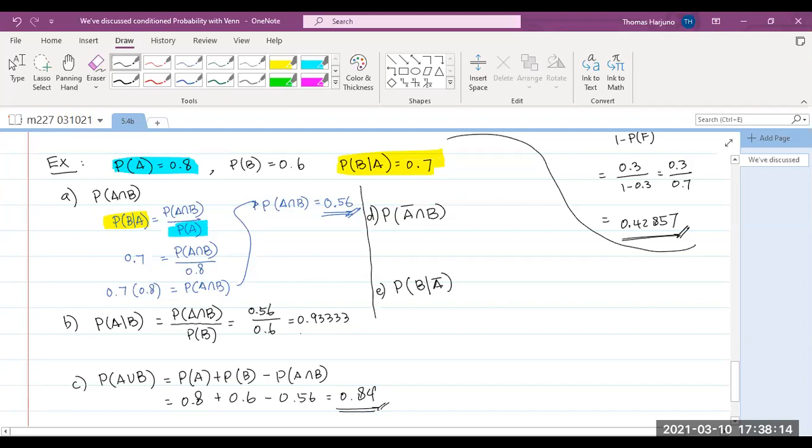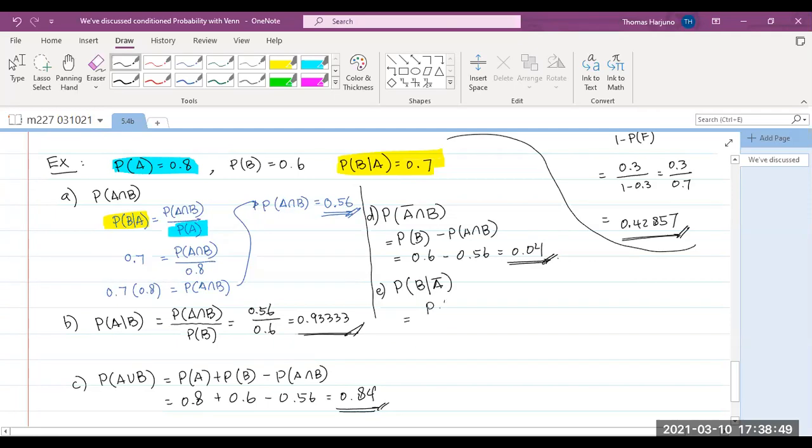How about probability of not A but B? That is probability of being in B first, and then you take away the one also in A. Now that will be 0.6 minus 0.56, that's 0.04. Now then, what is the probability of B given not A?